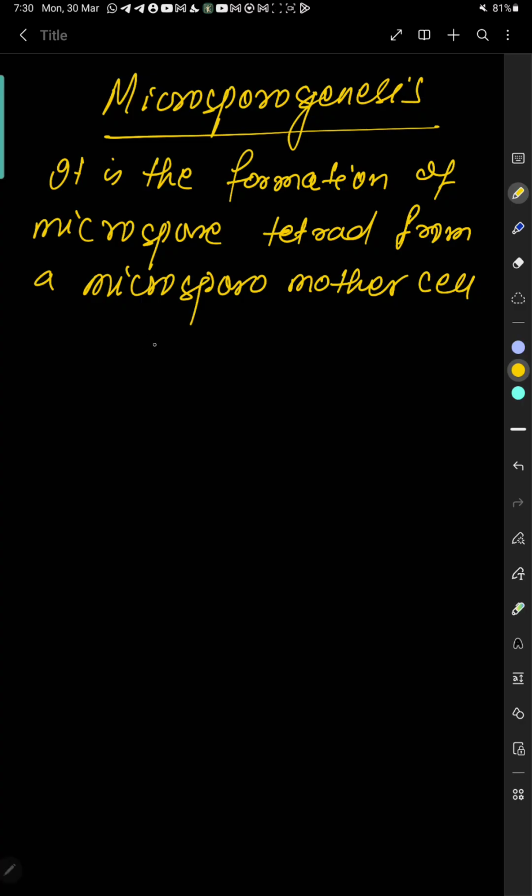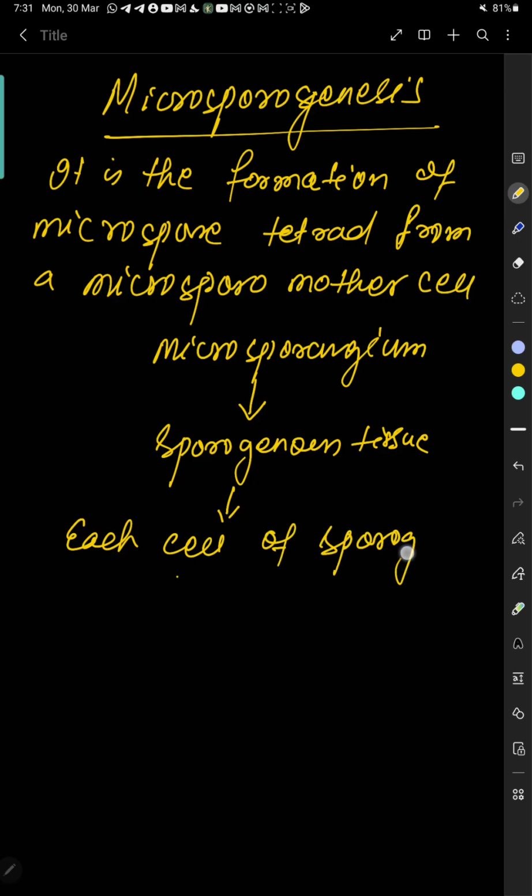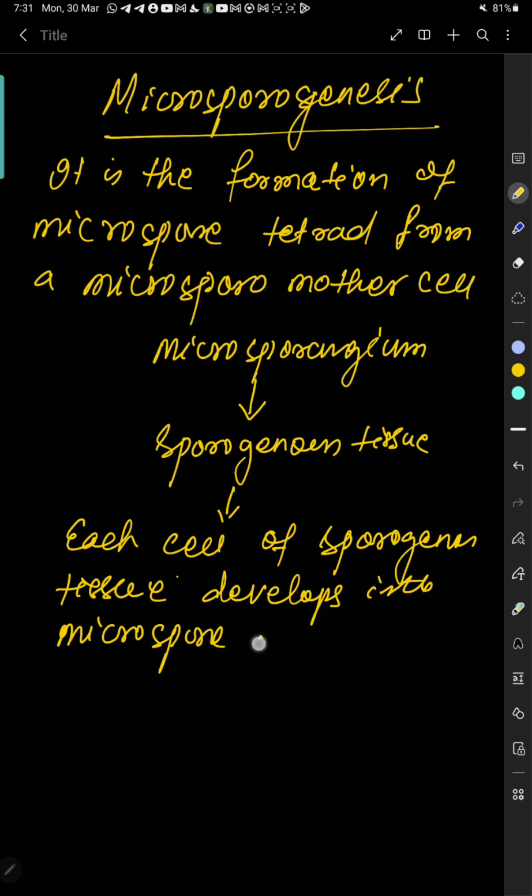So the microsporangium contains sporogenous tissue, and each cell of the sporogenous tissue develops into a microspore mother cell.